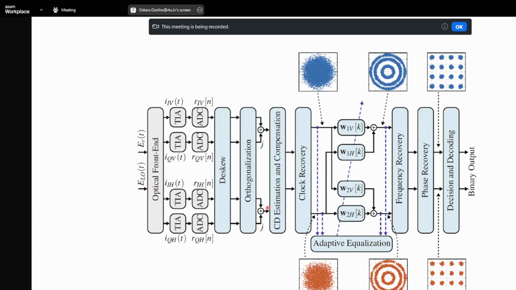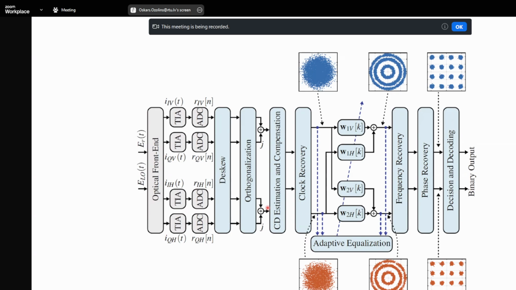It was first thanks to developments in ASIC technologies around the 2000s, a little bit later when the first 100 gig coherent system came out commercially. So ASICs were the developments which helped to implement all these different points. And there were quite many works also on chromatic dispersion estimation and compensation.